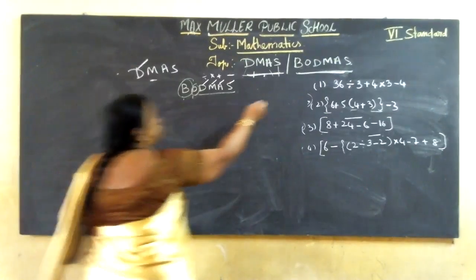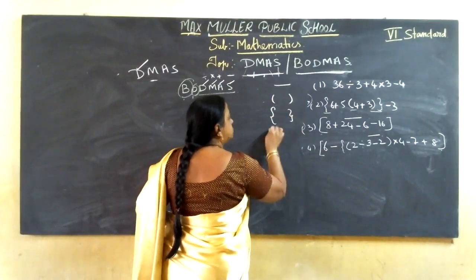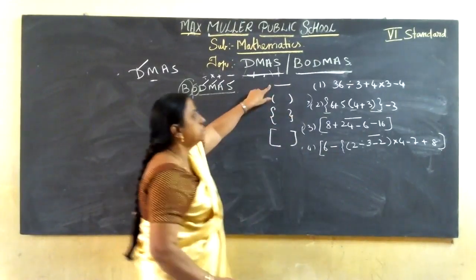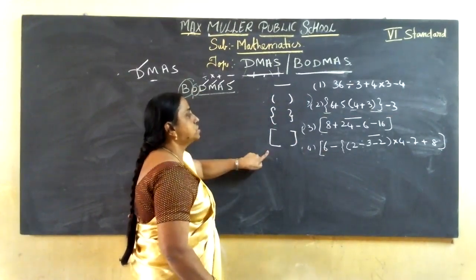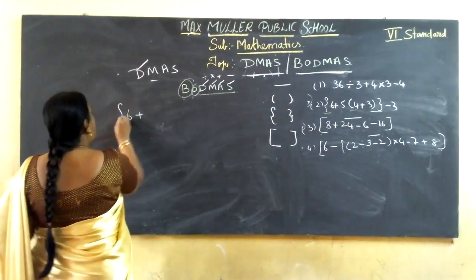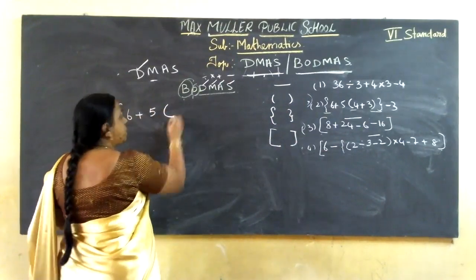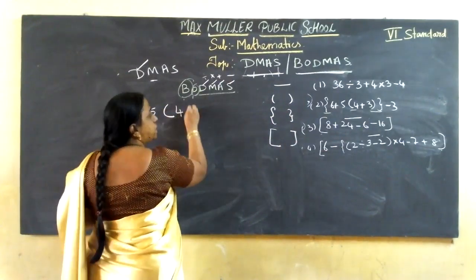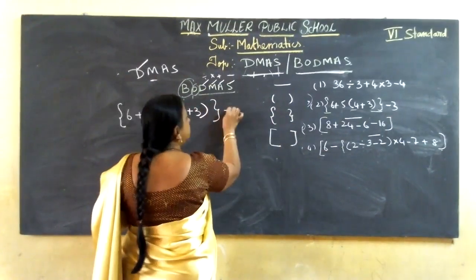Here I should write the four brackets: bar bracket, round bracket, curly bracket, square bracket. See here, bar, round, curly, square. Okay, now the question: 6 plus open curly bracket, 6 plus 5, open round bracket, 4 plus 3, close round bracket, close curly bracket, minus 3.